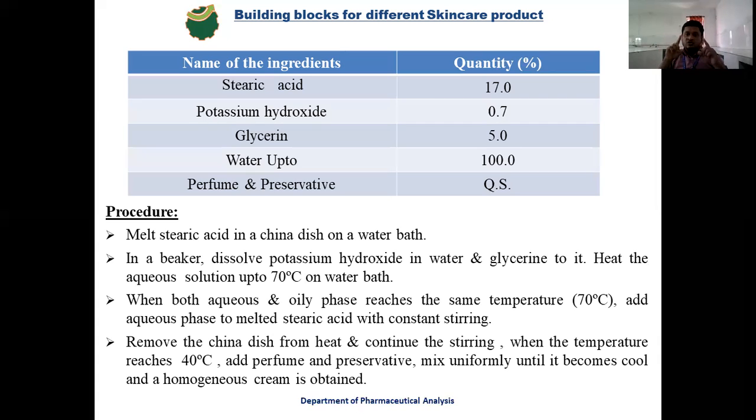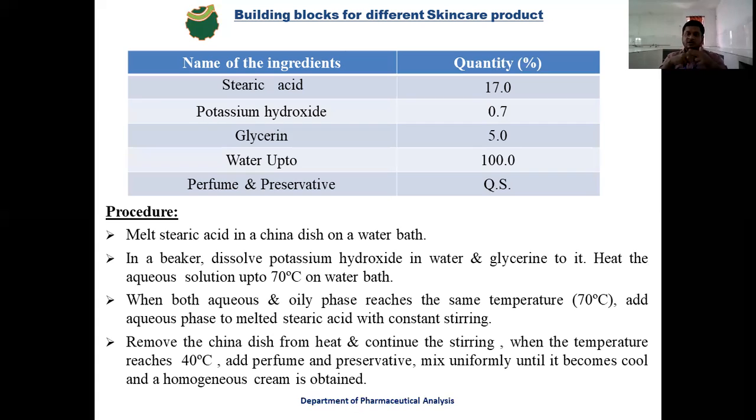So whenever you add the stearic acid to the other ingredients, meaning water, glycerin, and potassium hydroxide, there should be proper mixing for a long time, so that the stearic acid and the potassium hydroxide present in the other beaker react properly.